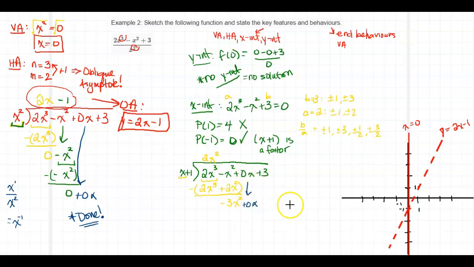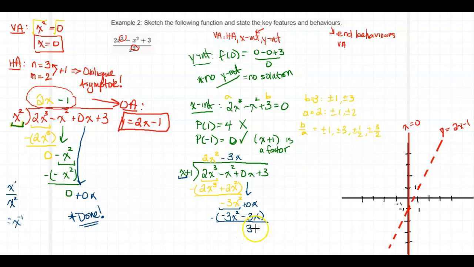Plus 0x. And I do it all again. So I will compare these two. Negative 3x^2 divided by x leaves me with negative 3x, and multiply again. Negative 3x times x, negative 3x^2, which is good, negative 3x times 1, minus 3x. When I go to subtract, these will cancel because when we subtract a negative, we're actually adding. So that cancels, but 0 subtracted negative 3 is just 0 plus 3.